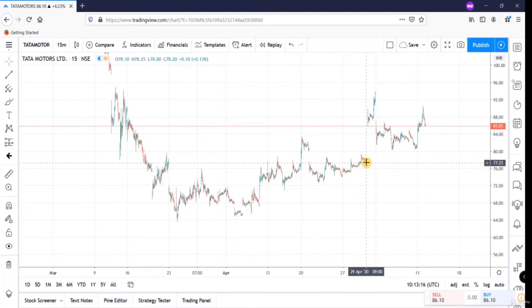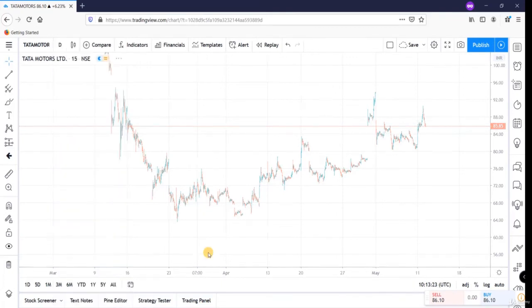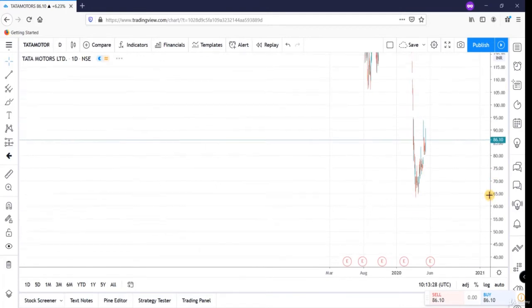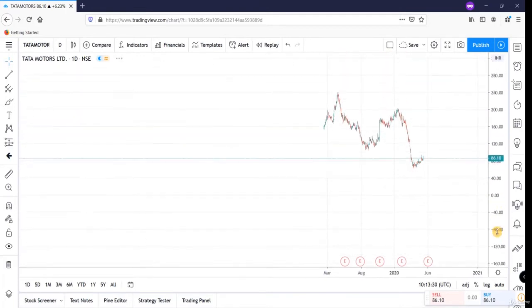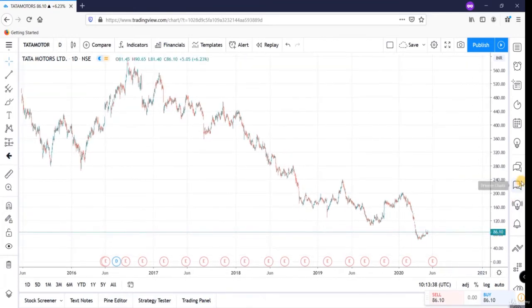But if our trading perspective is positional trading perspective, we will select the daily time frame chart. And the look back period should be 2 to 4 years. So this is the daily chart of Tata Motors Limited.